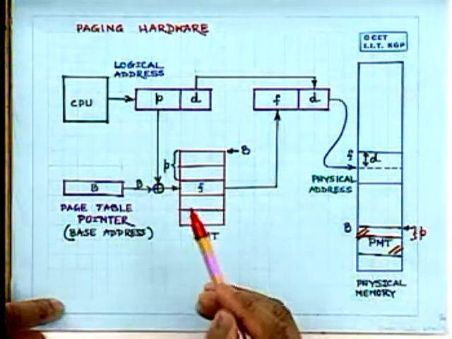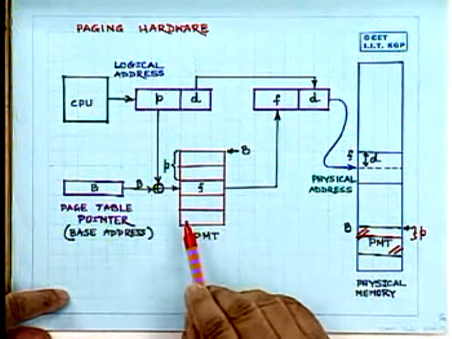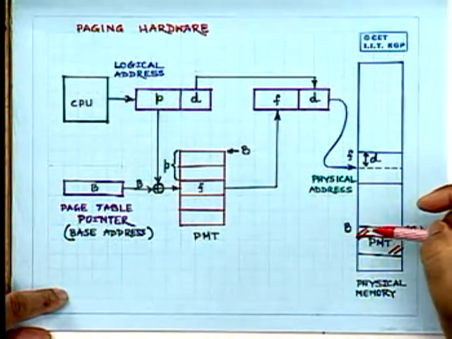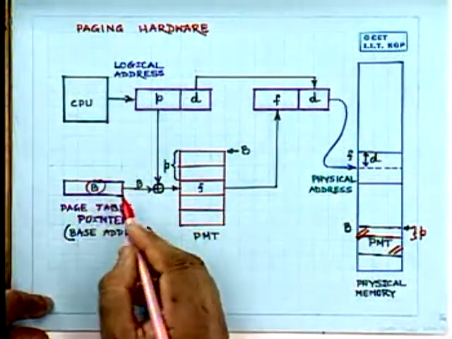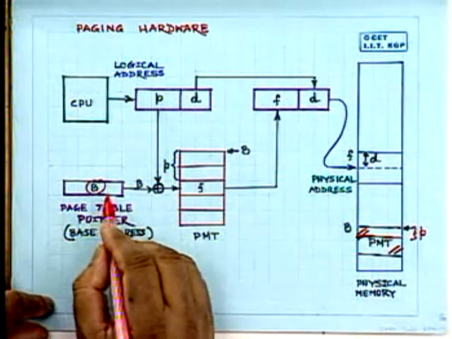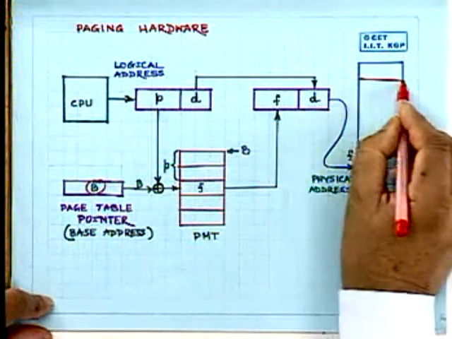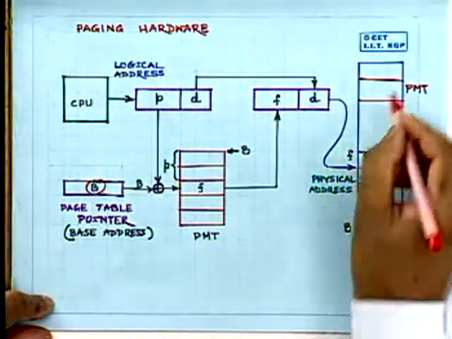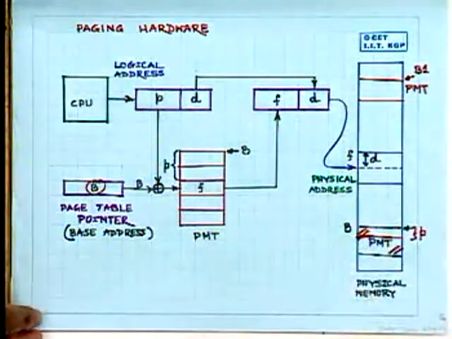Now, when the operating system switches from this particular job, whose page map table is here, to another job whose page map table is somewhere else, then its corresponding base value has to be loaded into this page table pointer, so that now this page table pointer points to the PMT of another process. Its value may be, say, B1.